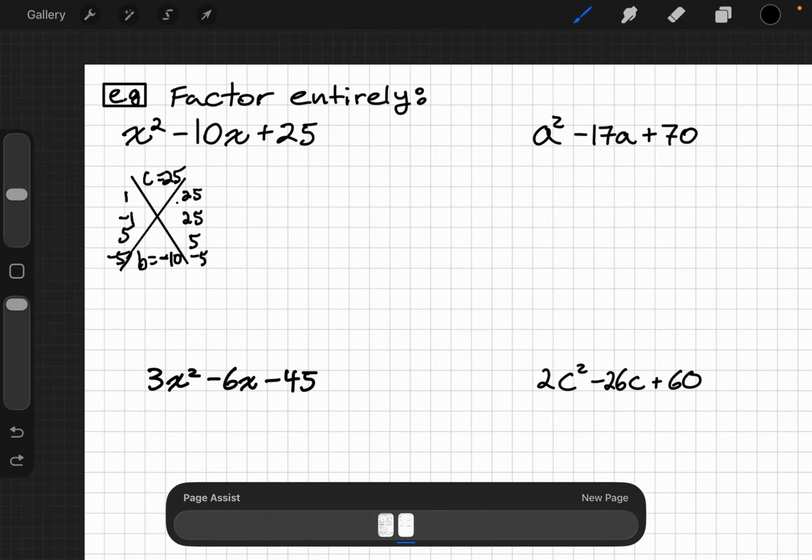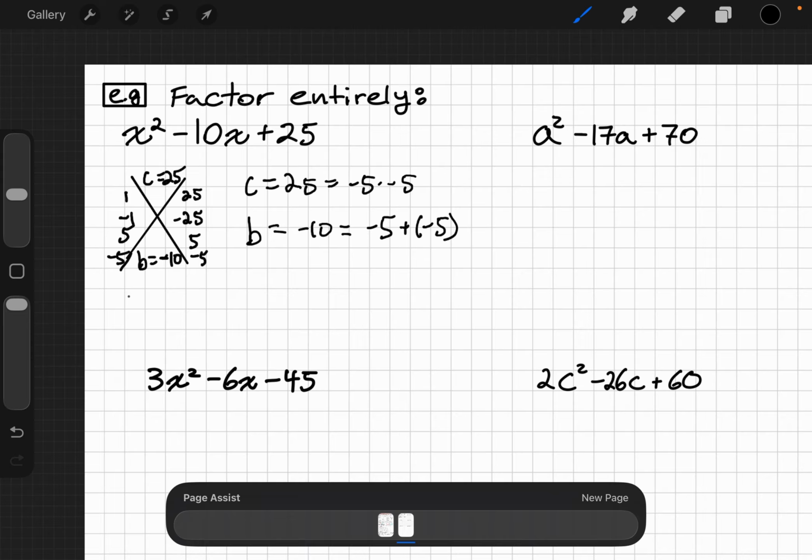Negative 1 and negative 25, nope. 5 and 5, nope. Negative 5 and negative 5, why yes, they multiply to 25 and they add to negative 10. So the c value here is 25, which is equal to negative 5 times negative 5, and the b value is negative 10, which is equal to negative 5 plus negative 5, right?